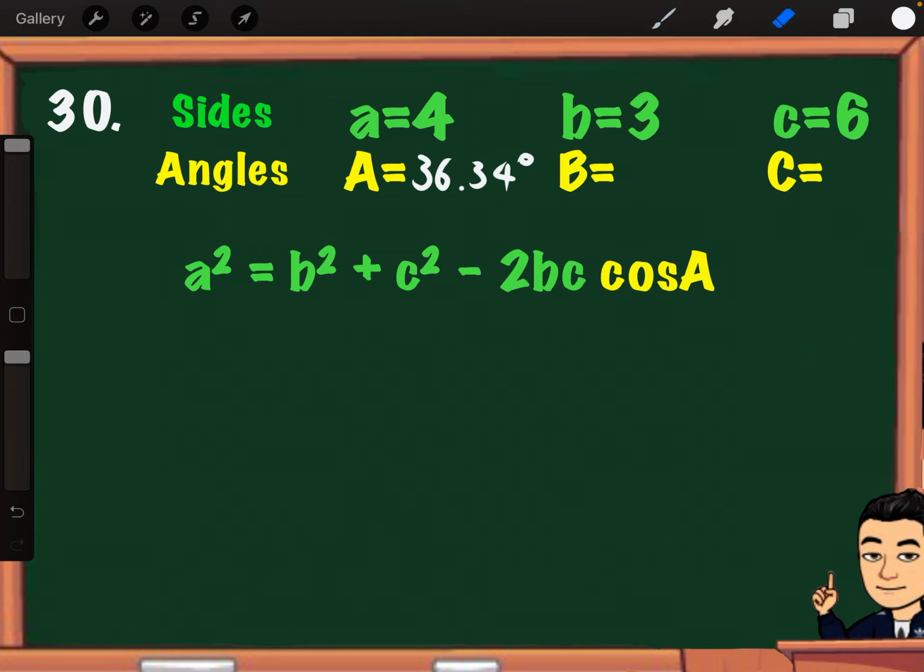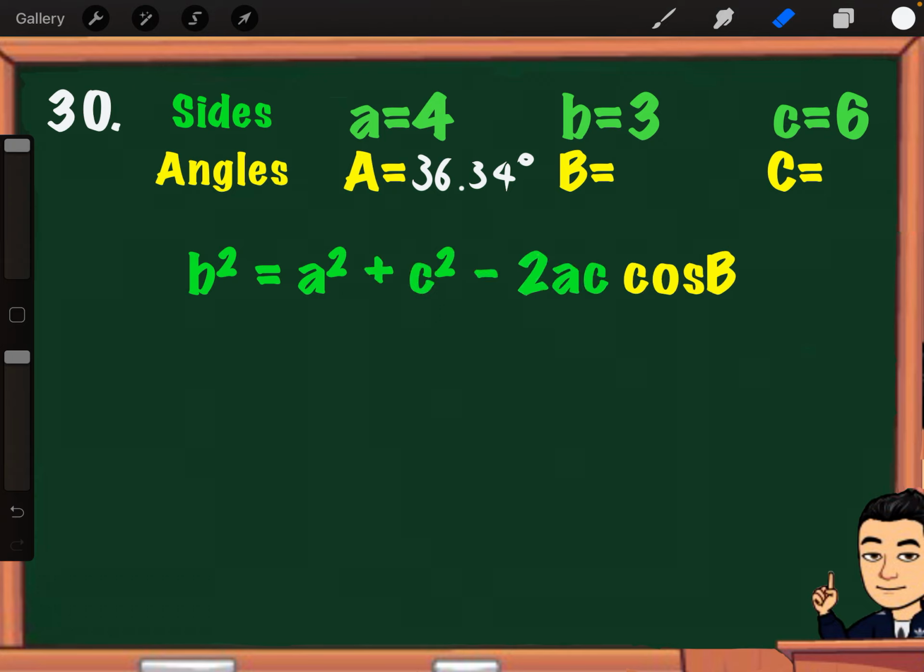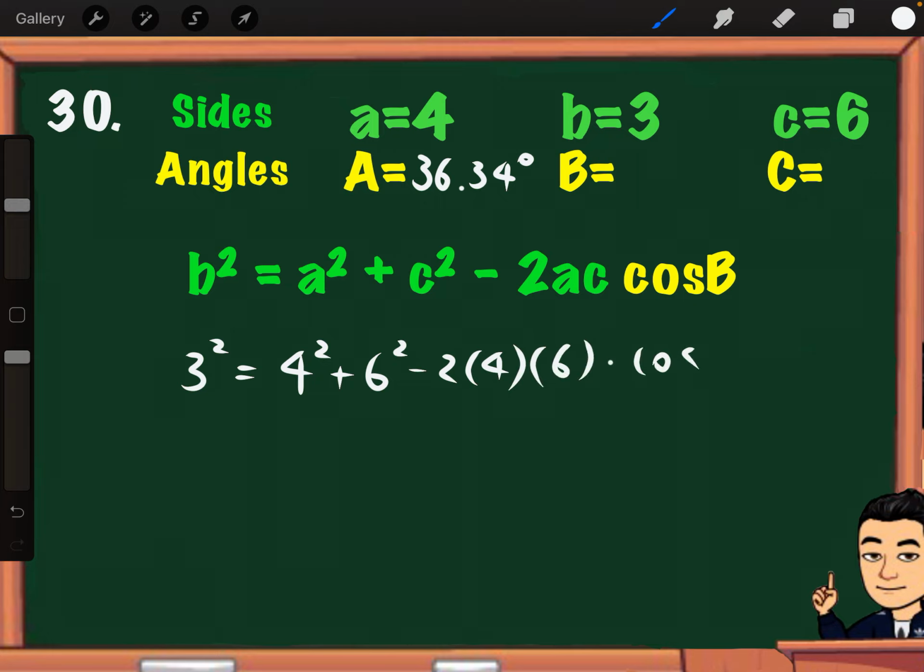Now let's use another formula. We're going to put the b squared first. So it's going to be 3 squared equals 4 squared plus 6 squared minus 2 times 4 times 6 times cosine angle B. I know that we're going to be doing the same thing over and over again, just plugging formulas, so I'm going to cut it short.